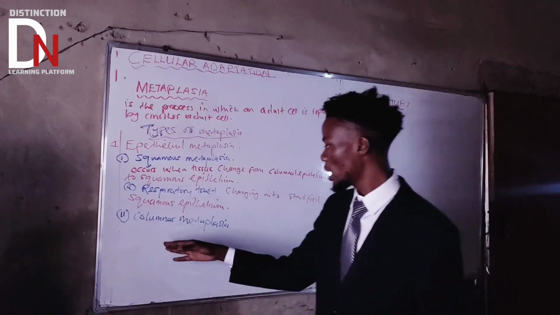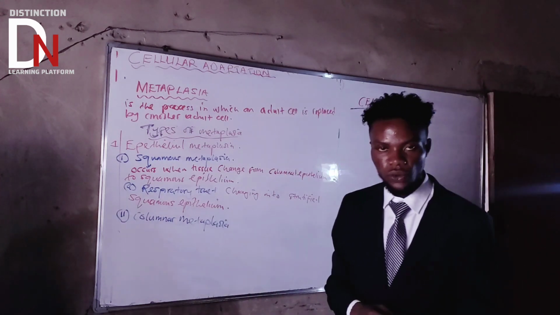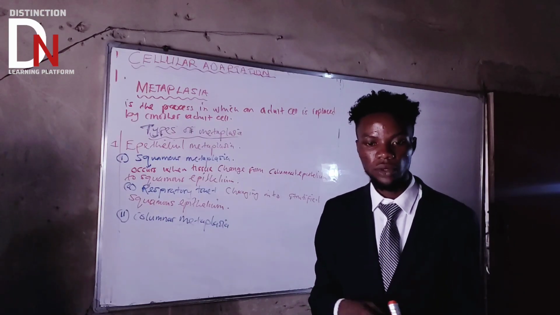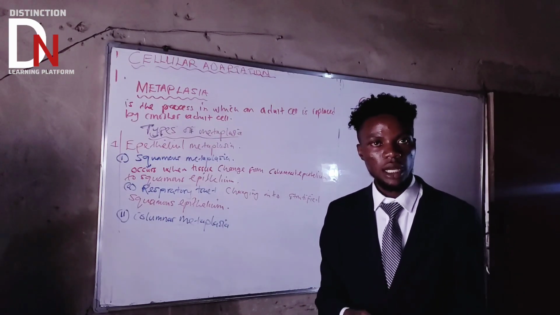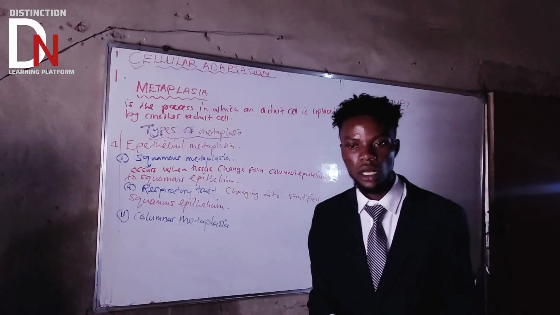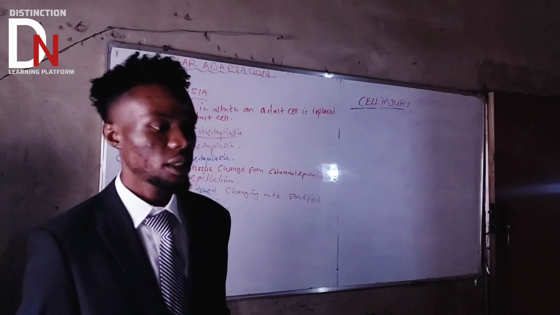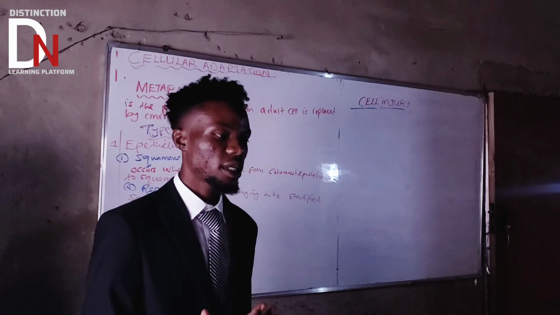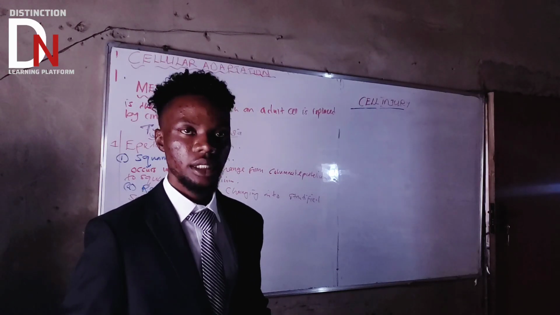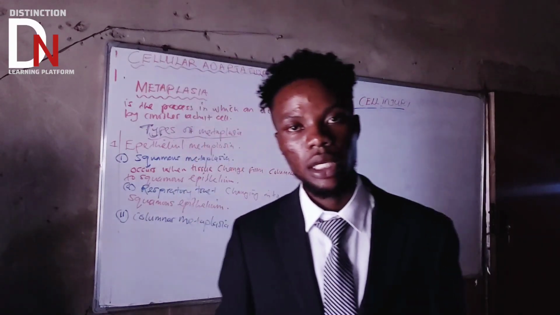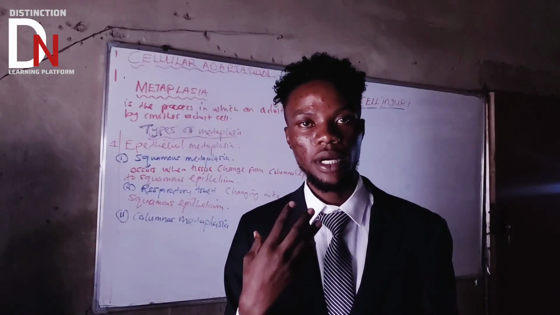Then columnar metaplasia, where can it occur? Remember that it can occur in two areas of the body. Say someone has gastroesophageal reflux, meaning the hydrochloric acid in the stomach goes back into the esophagus.